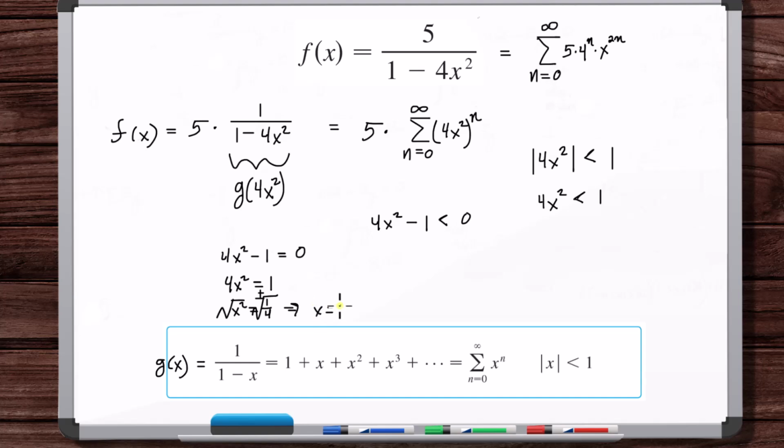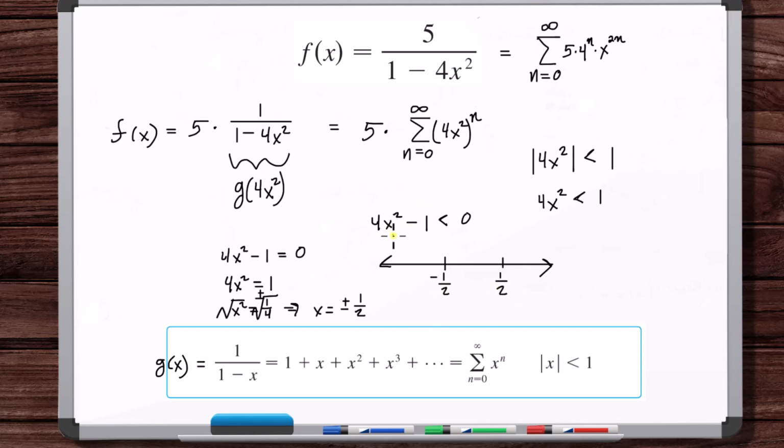So x is equal to plus or minus 1/2. If we could have factored this, we would get x is equal to 1/2, x is equal to minus 1/2. And so what we do is we draw a number line, and these 2 points are boundary points.